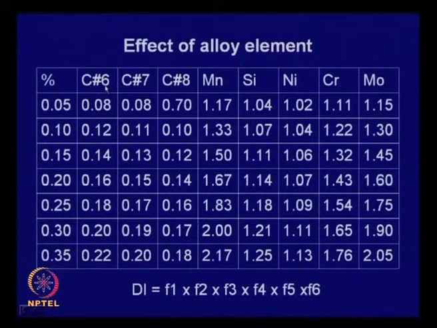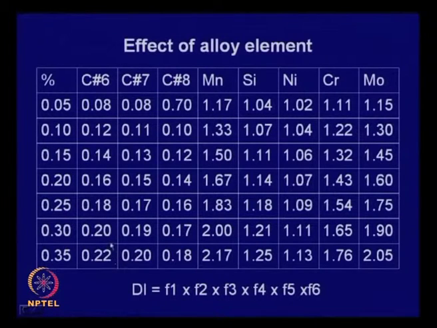This is the hardenability for plain carbon steel containing a particular amount of carbon, having austenite grain size number 6, and this is for austenite grain size number 8. So, for a given carbon content you find that a coarser grain has higher hardenability.